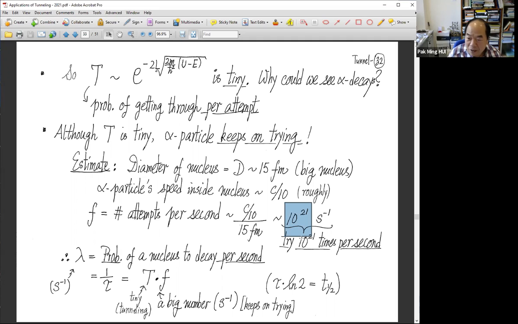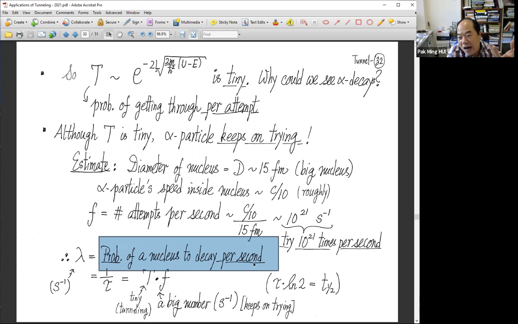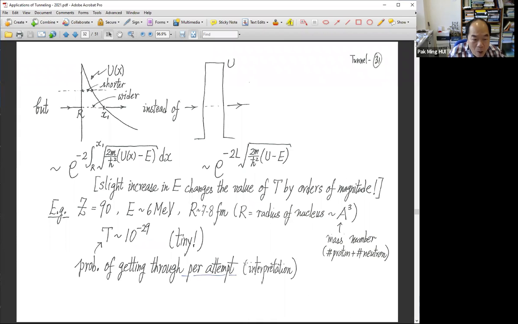And per attempt, a tiny probability to come out. Thereby, when you multiply the two things together, you still get a probability of decay per second that you can see experimentally. And that is why the alpha particle can come out, okay? It also explains the phenomenon: if the kinetic energy is changed by a little bit, then the lifetime can be much shorter.